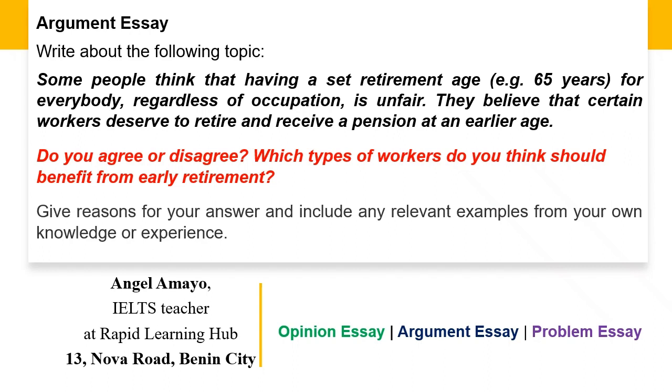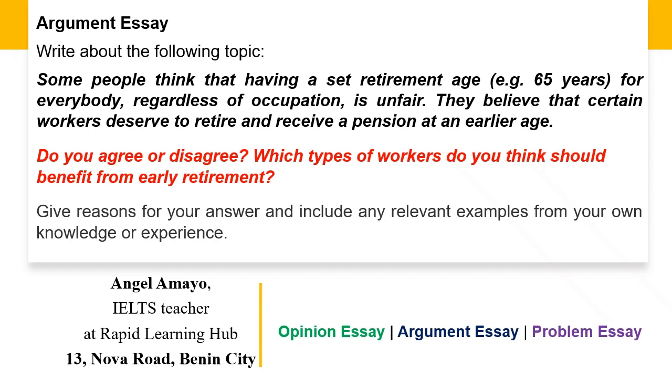That is the topic. Now to the prompt or question or instruction. Here is a question. Do you agree or disagree? Which types of workers do you think should benefit from early retirement? The final part of it says, which is the specification, give reasons for your answer and include any relevant examples from your own knowledge or experience. We know that this is an argument essay because the question directly asked, do you agree or disagree?